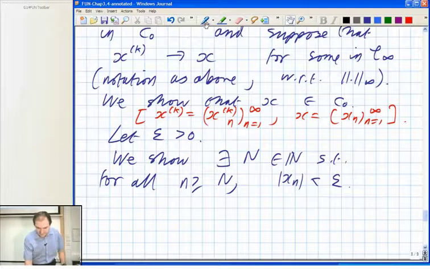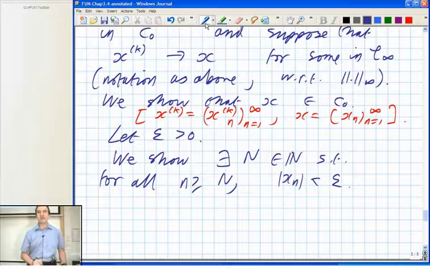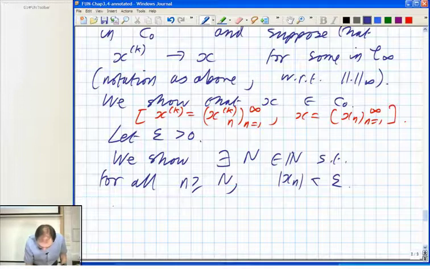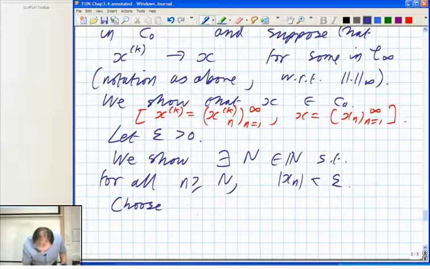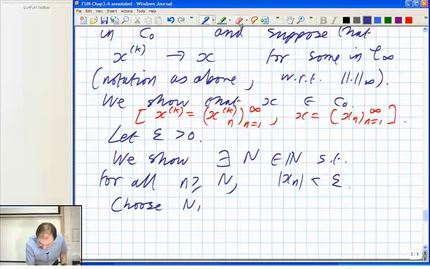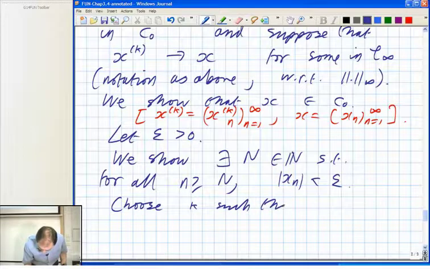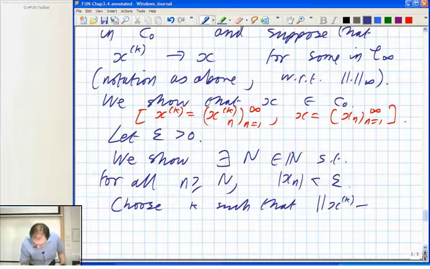I think I'll do an epsilon over 3 proof for this one. I could have done an epsilon over 2 proof. So start by choosing any old k such that the uniform norm of x_k minus x is less than epsilon over 3.